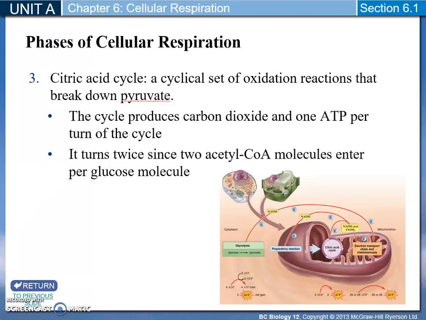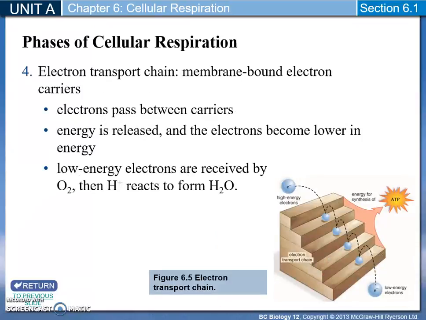And then we have step 4, which is the electron transport chain, and this occurs within the membrane of the mitochondrion. This is where electrons pass between carriers, and energy is released, and the electrons become lower in energy. The lower energy electrons are then received by O2, and then H+ reacts to form H2O.